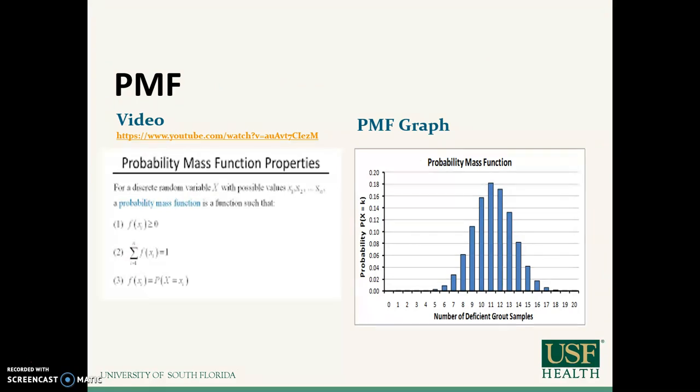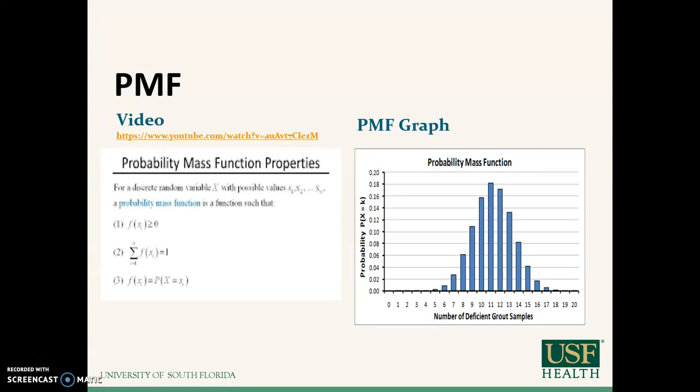The properties of a PMF are similar to the properties of the PDF. First, all the values of this function must be non-negative, and the total sum of all the possible probabilities is equal to 1, and f of xi equals the probability of x equal to little xi, where xi is one of the possible values.